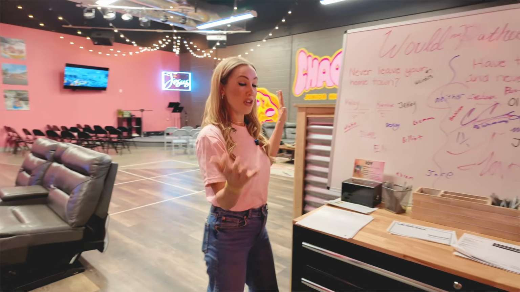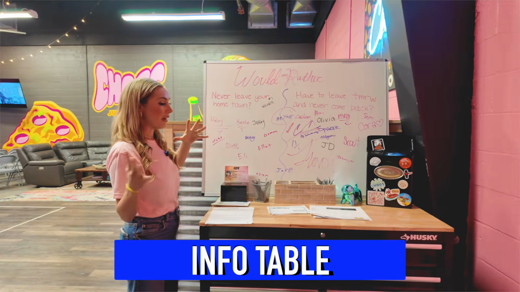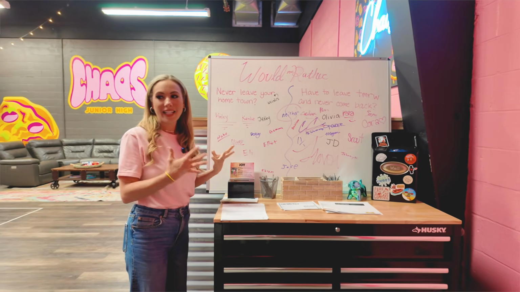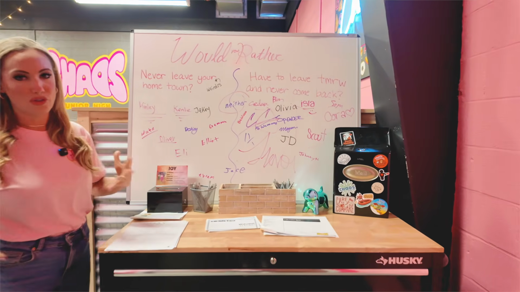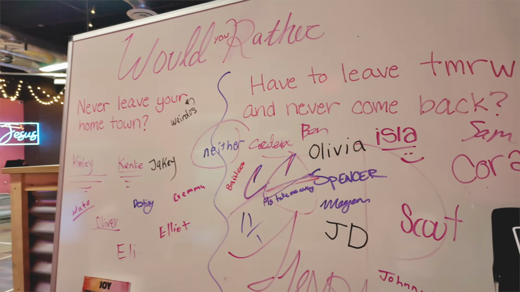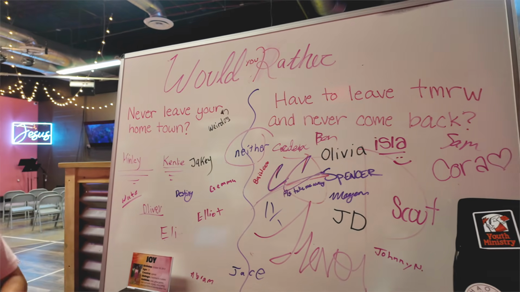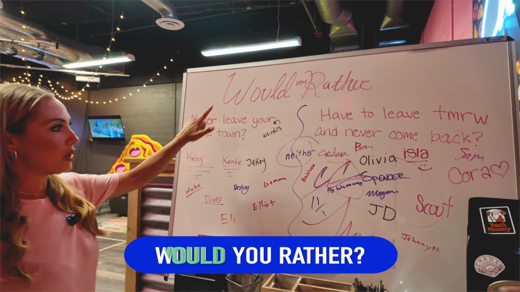And then the second thing kids are going to maybe do is they're going to come over here to our info table. So the info table, the fun draw to it, like everything we want students to visit, we try to make a fun draw. So the fun draw to filling out your attendance is the lottery, and the draw here is the would you rather. So every week we write a would you rather question.